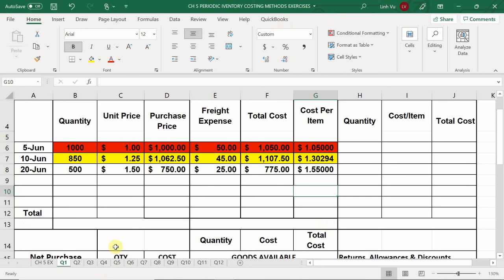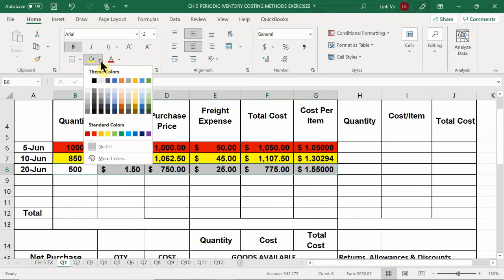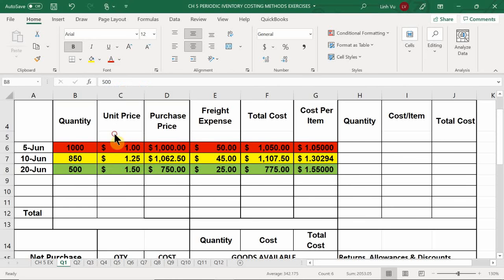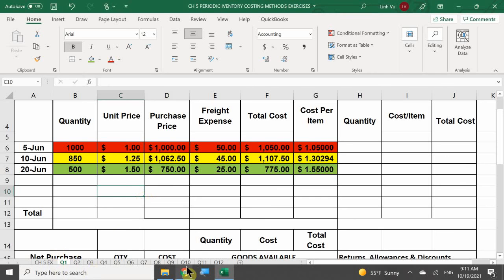And I'm going to make this batch my green batch, just in case something happens to this inventory, at least I can follow along so I know what happened to this inventory. Okay, green batch.